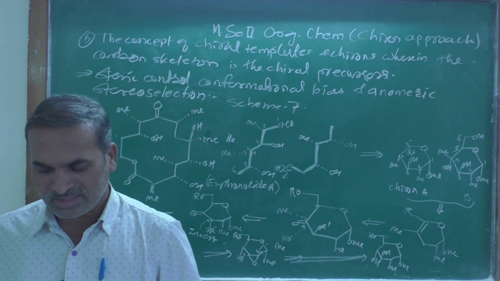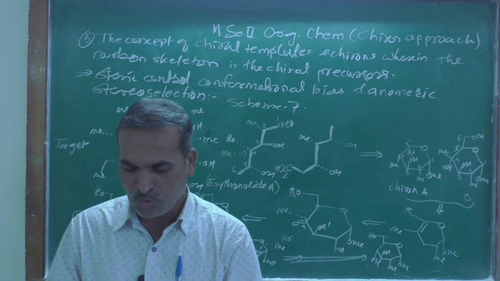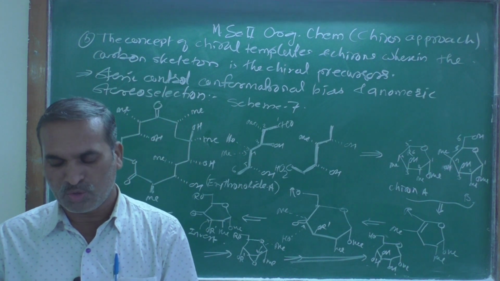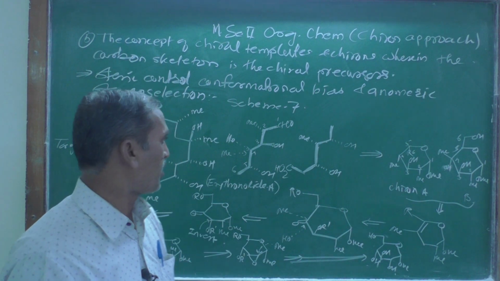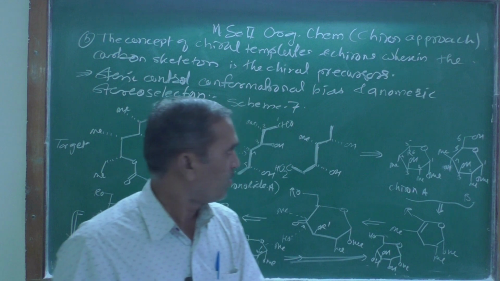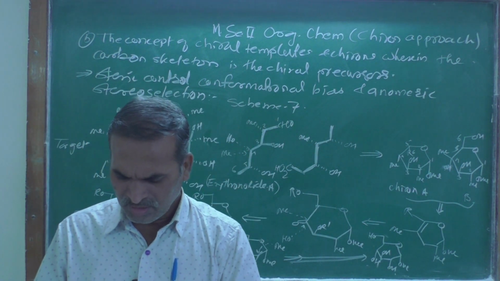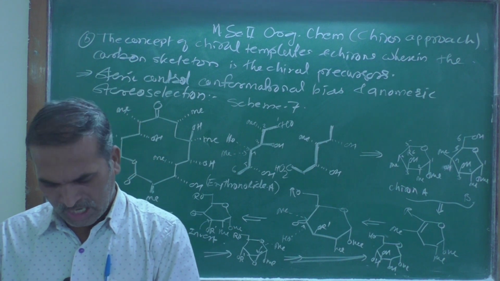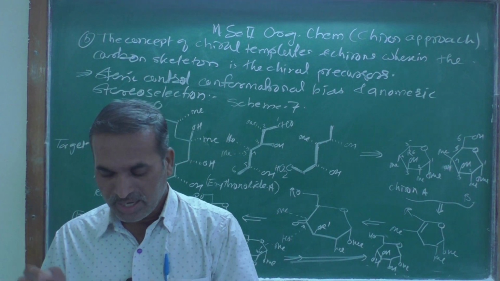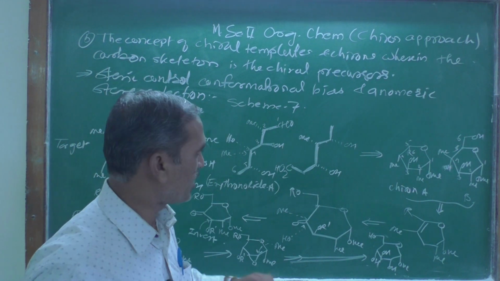Right. In such a cyclic segment, we find 2 hydroxyl groups which correspond to C3 and C5 of hexose. Chiron A has 2 C-methyl groups at C2 and C4.